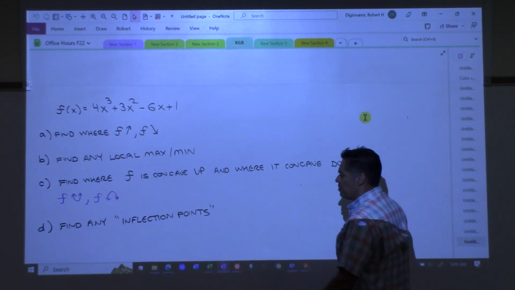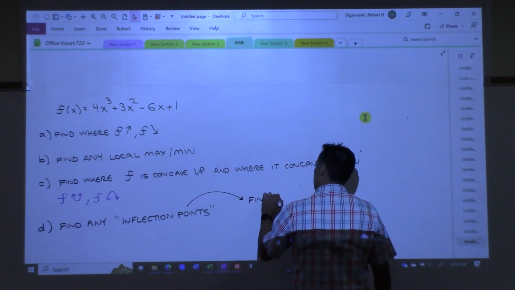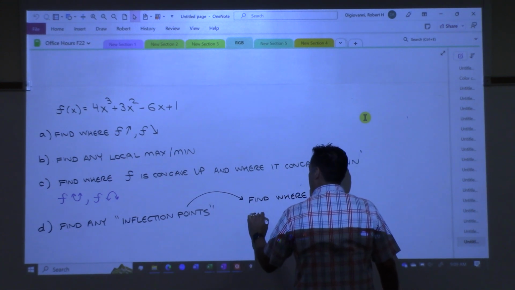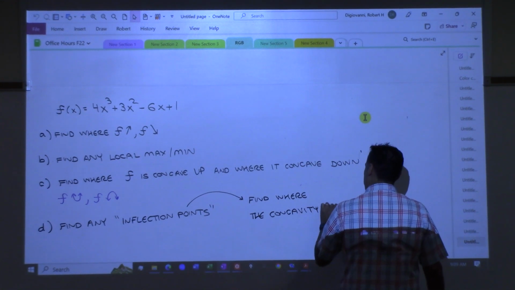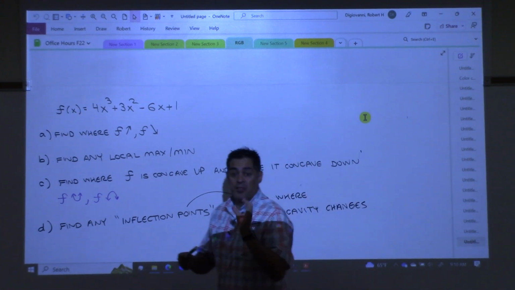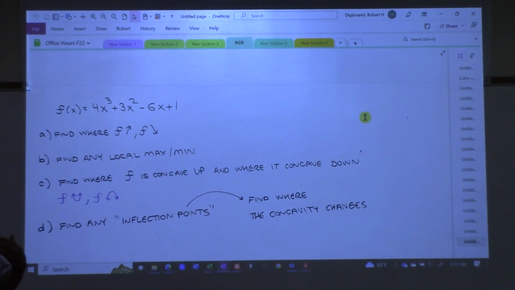What this means is find where the concavity changes. It can either go from a smile to a frown or a frown to a smile. It doesn't matter which way it goes, but anywhere that it changes would be an inflection point.